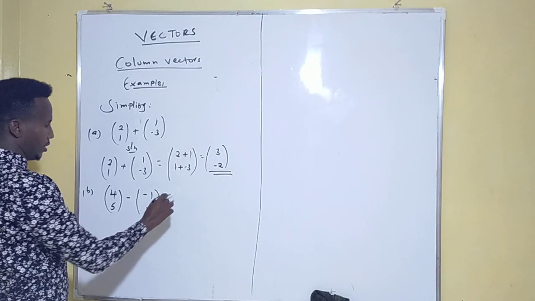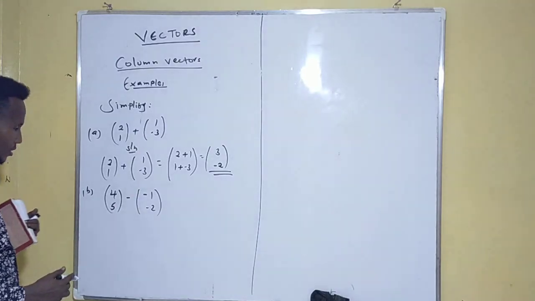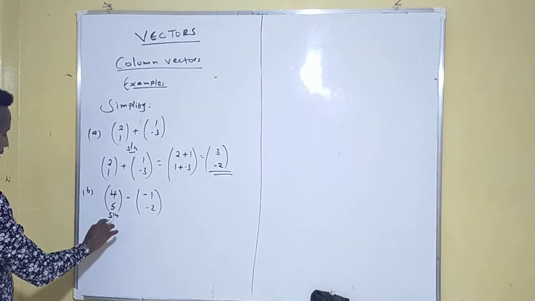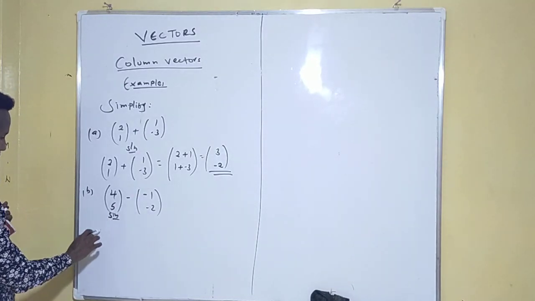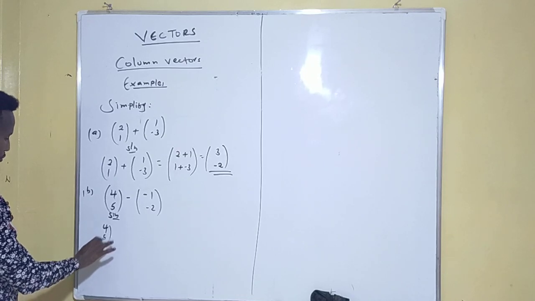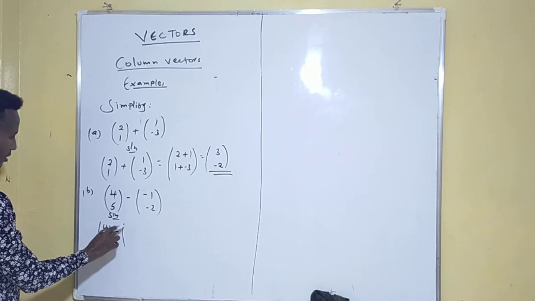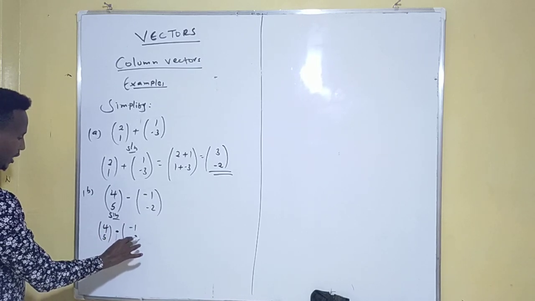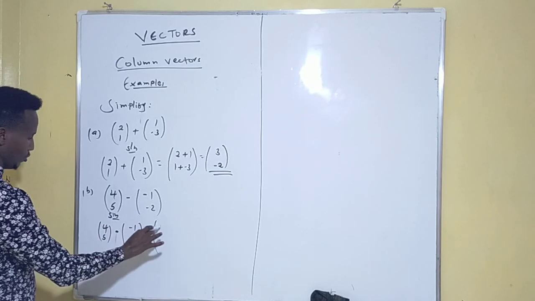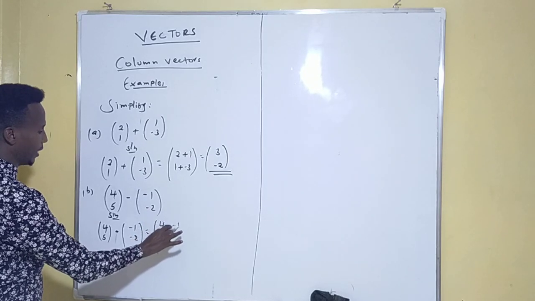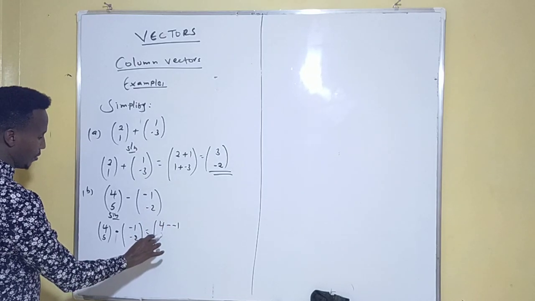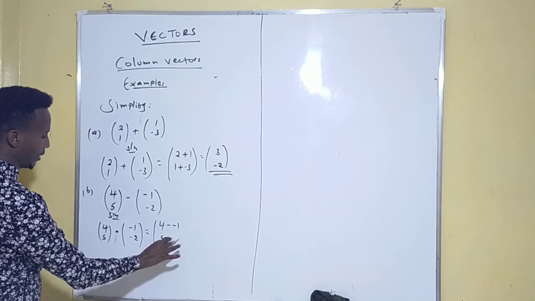If you want to solve this, you say the solution, the same thing we have been doing right now: 4 minus -1, and 5 minus -2.